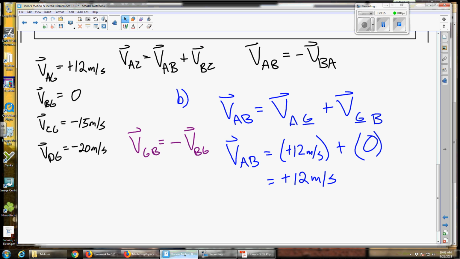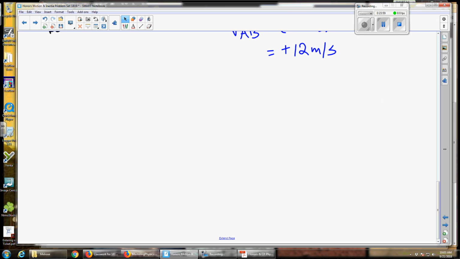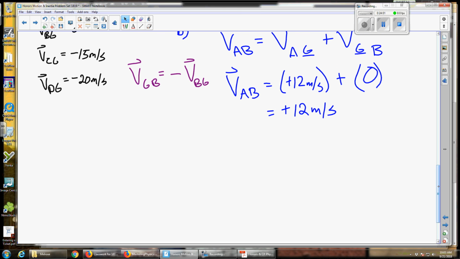So for part H, we can write the velocity of E to A equals either positive 8 meters per second or negative 8 meters per second. We don't know which one, because it doesn't tell us, so we have to assume both.